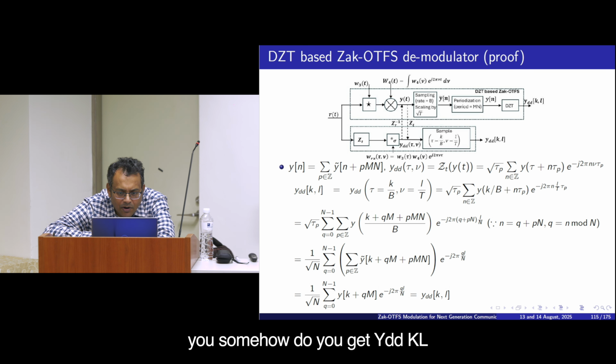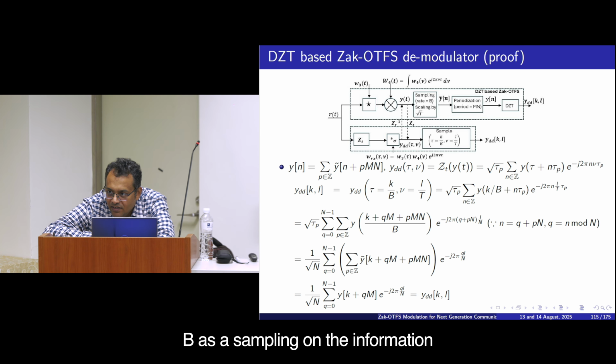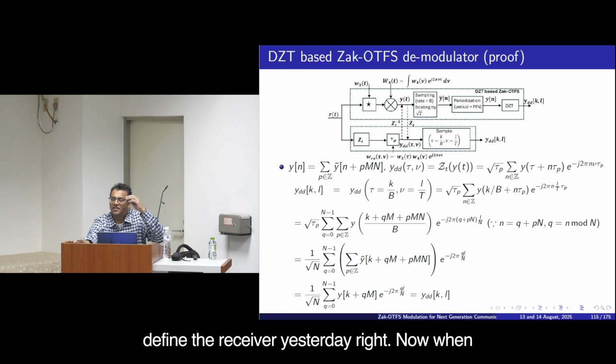And then how do you get y_dd[k,l] in the bottom chain? You take y_dd(tau, nu), which is this expression, and you replace tau with k over B, that is the sampling on the information lattice, and you replace nu with l by T. That is how we defined the receiver yesterday.